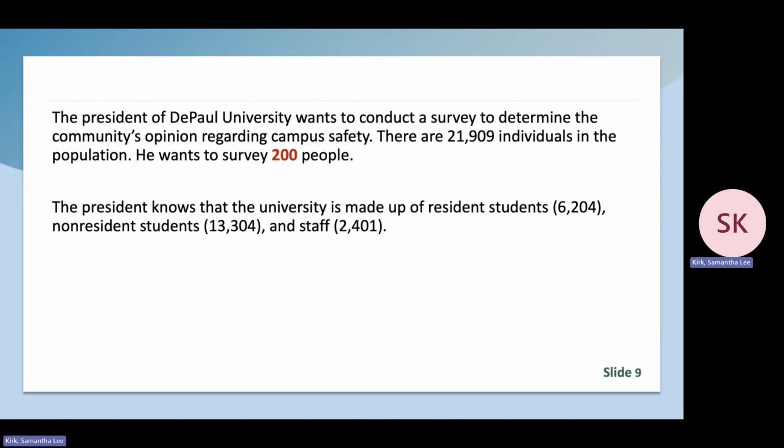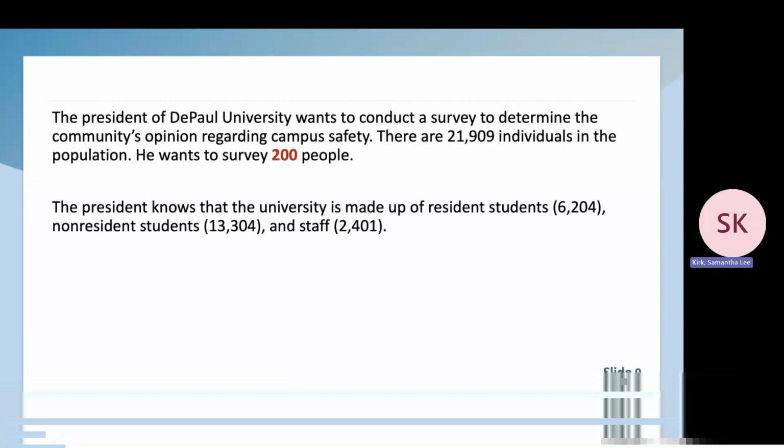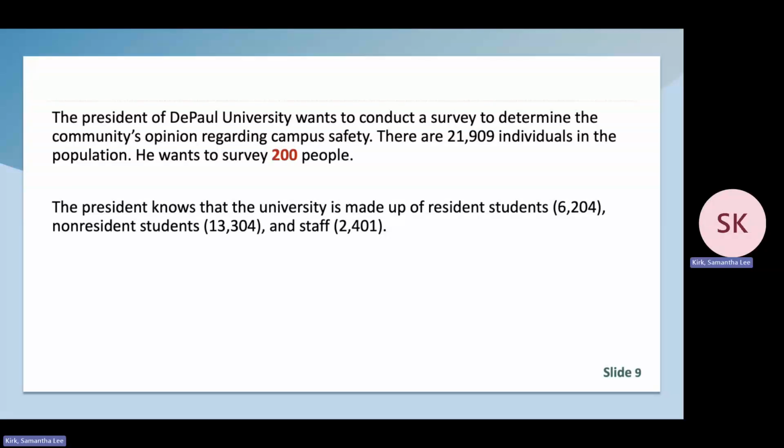And you see we have numbers that represent how many of each group we have. So instead of asking the computer to randomly select 200 people, we can take our population, break it into resident students, non-residents, and staff, and then we can ask the computer to randomly select a certain amount of people from each group.